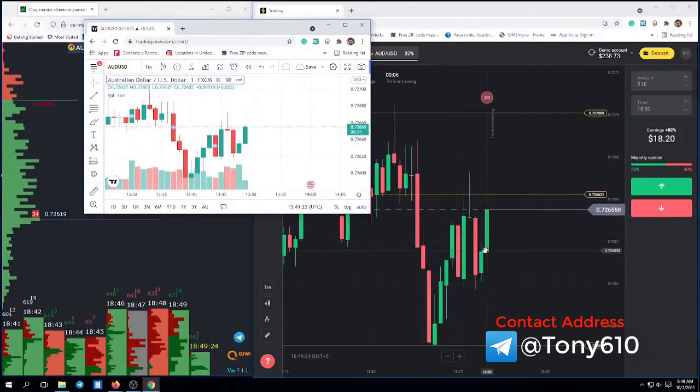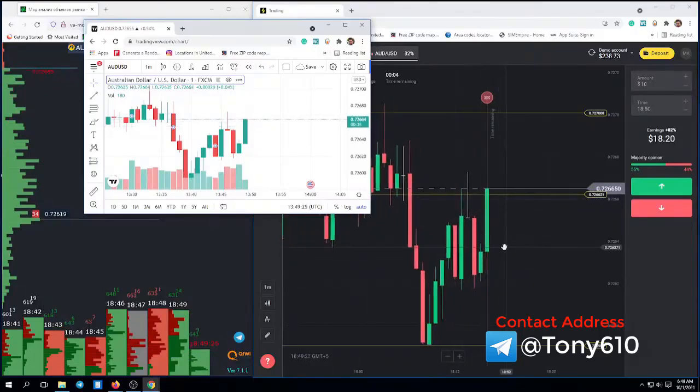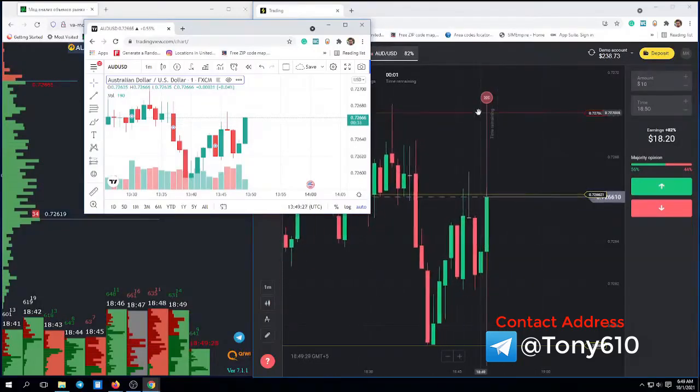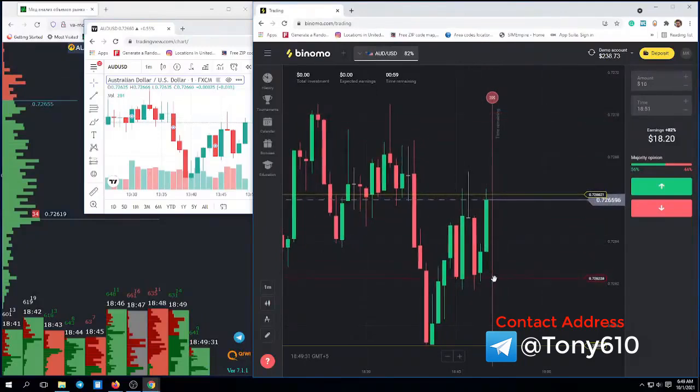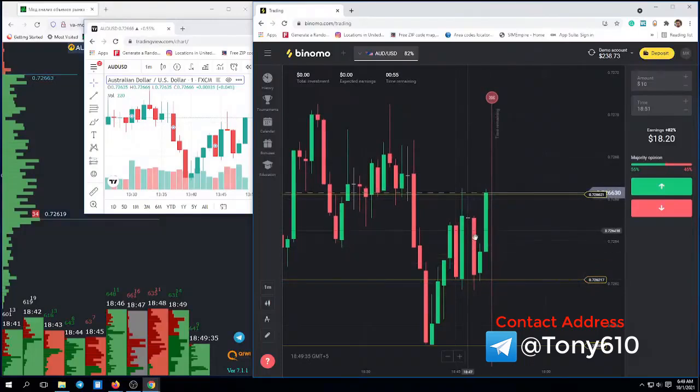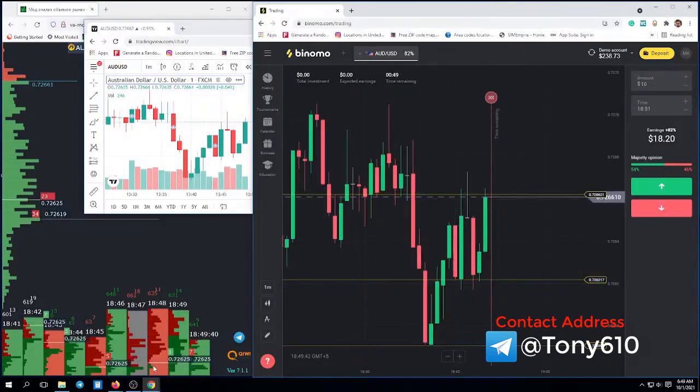So this is the wrong idea, because you didn't focus on the support area. Here you can see this is the support area. This candle has closed at the support area, and in the lower part we have a low volume node for the sellers.